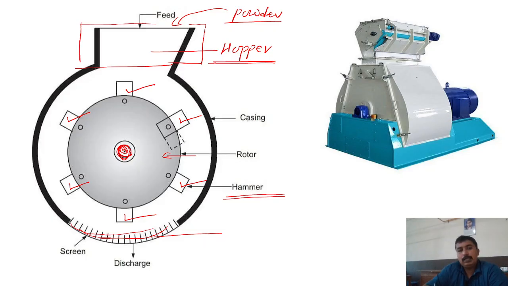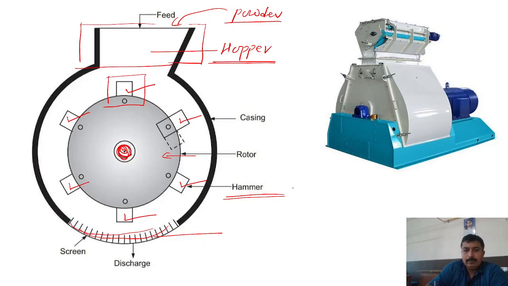Next important thing: look carefully at the hammers in this diagram. Hammers are either rigid, meaning immobile and fitted on the rotor, or in swing position.